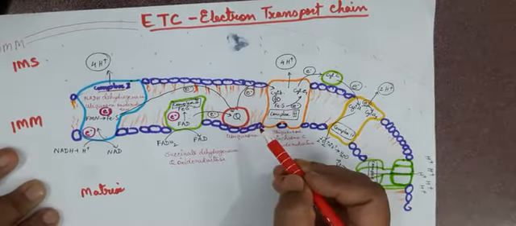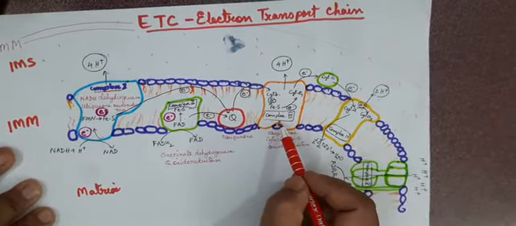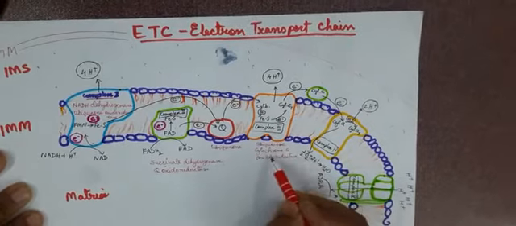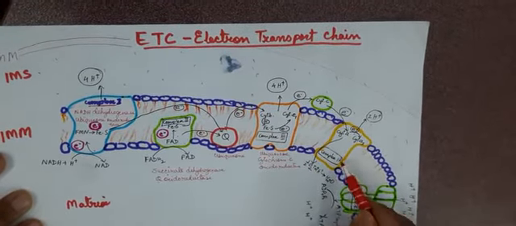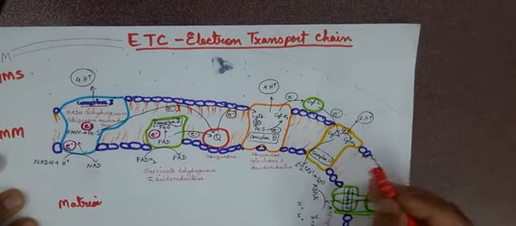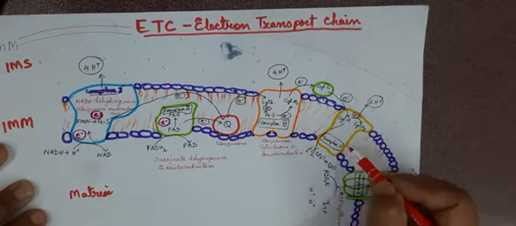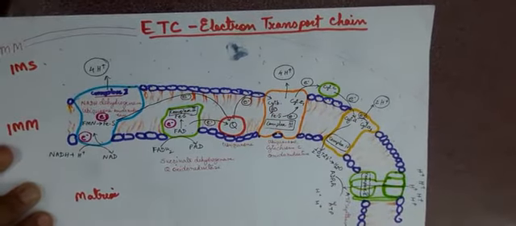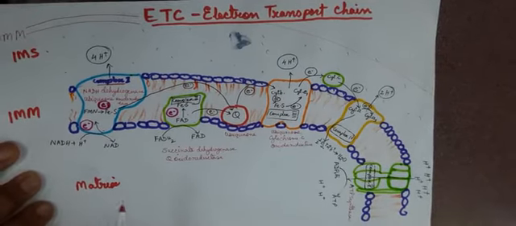Then the third complex is the ubiquinone cytochrome C oxidoreductase. Then the fourth complex is cytochrome A3 complex. So we will be studying one by one about each complex.